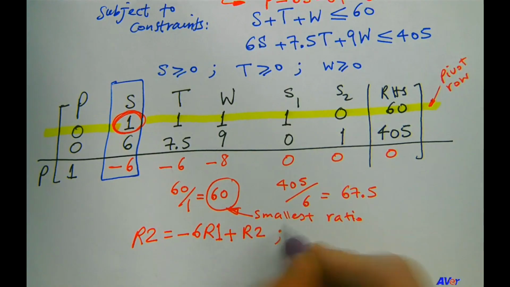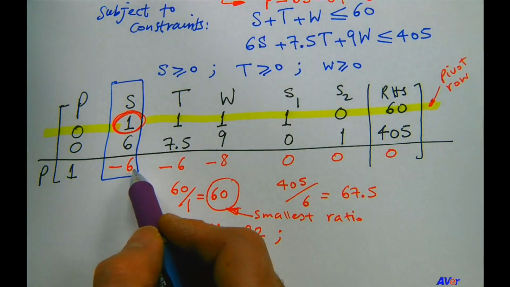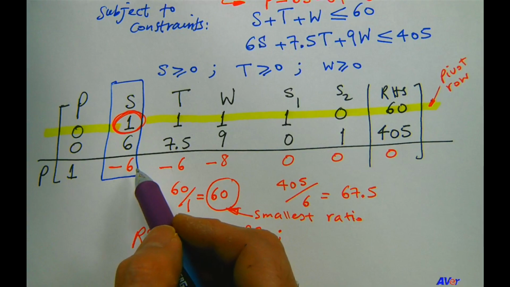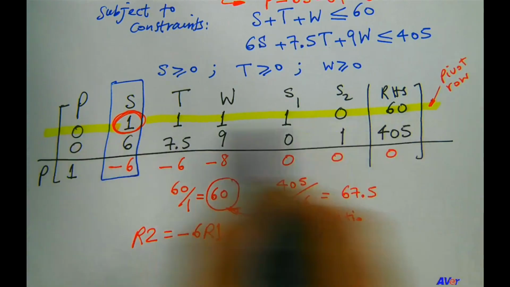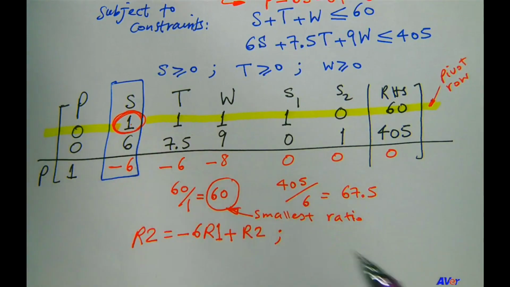Okay, that's one of the row operations. So how are we going to get this negative 6 to be 0? All we need is add a positive 6 to this, and it ends up being 0. So where's the positive 6 going to come from? It's going to come from multiplying the pivot row by 6 and adding it to that.